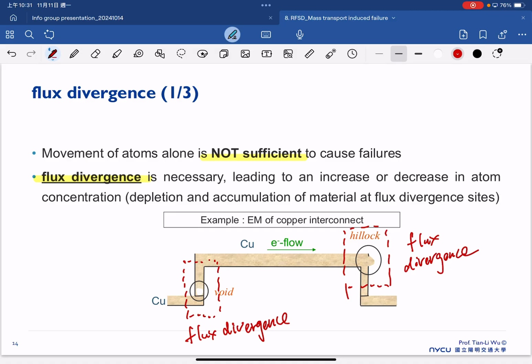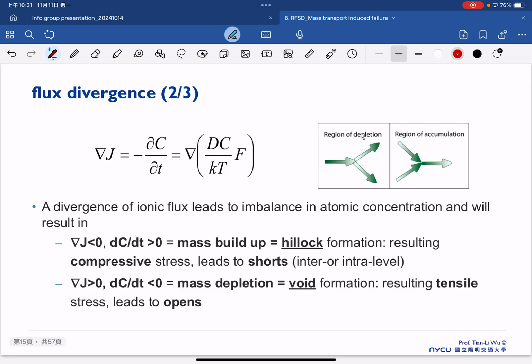And the reason why the flux divergence will cause certain issues can also be understood in this slide. This is a schematic to show the region of the example for the flux divergence. If we look at this equation, in this case or this case, a divergence of a flux leads to an imbalance in concentration.